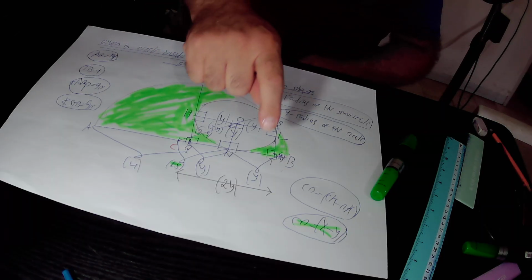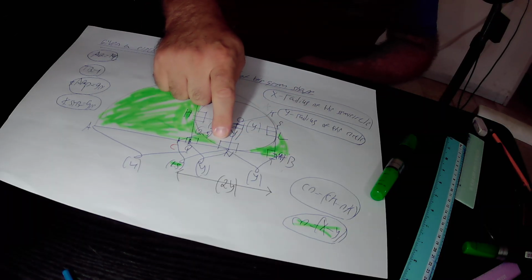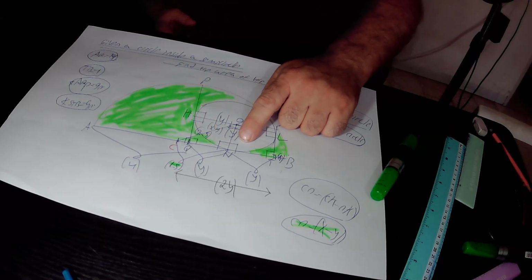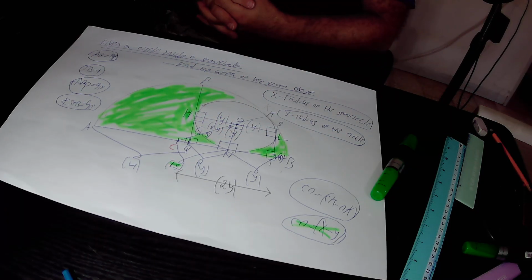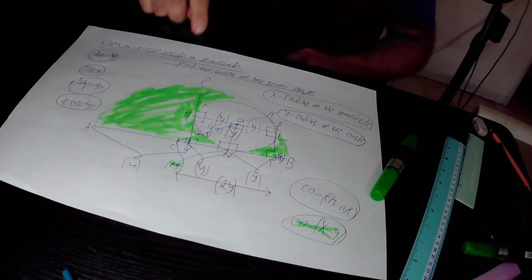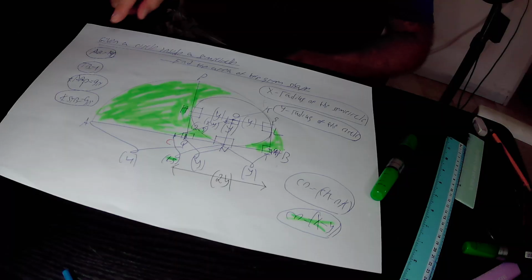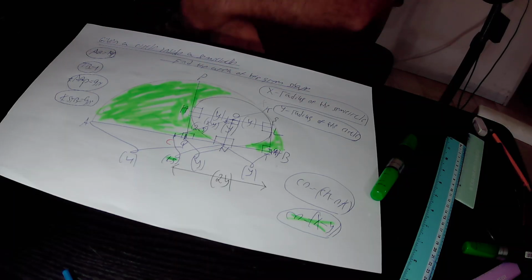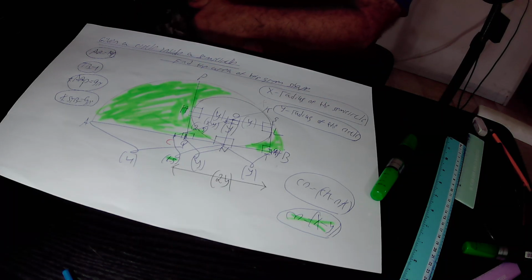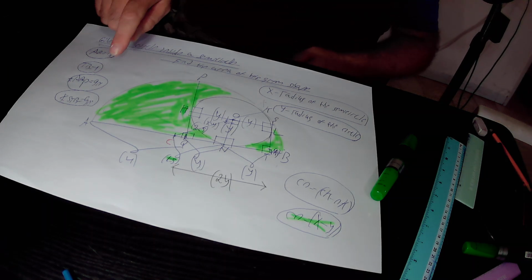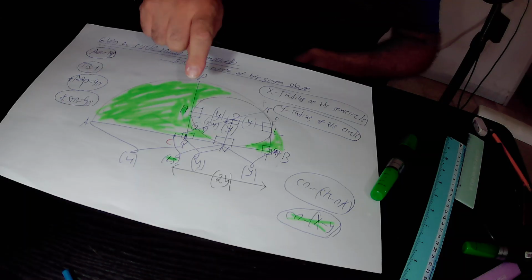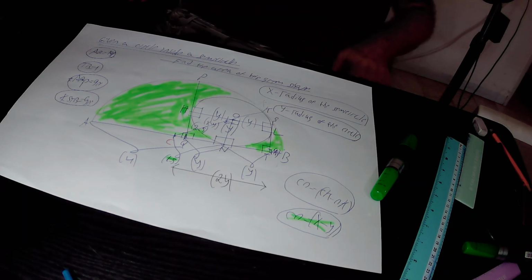If AB is perpendicular to NO, it means that this angle equals 90 degrees, and this angle also equals 90 degrees according to rule 1. This is angle PQA, this is the right angle. AB is the diameter of the semicircle, therefore it is absolutely a straight line. So if we focus on the upper side of the straight line AB at point Q, the sum of the angles must be equal to 180 degrees according to rule 3.